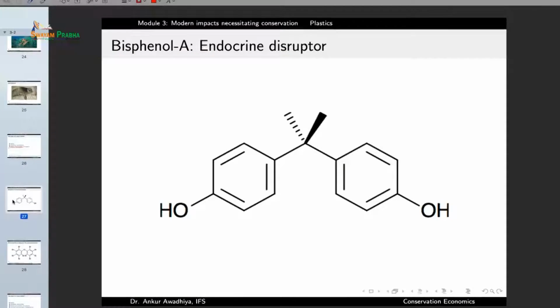But bisphenol A is also an endocrine disruptor, which means that it acts as a hormone when it gets into the body, and it disrupts the functioning of the normal hormones in the bodies of the organism. So this plasticizer, when it is released into the environment, can hamper the hormones in the bodies of different organisms.